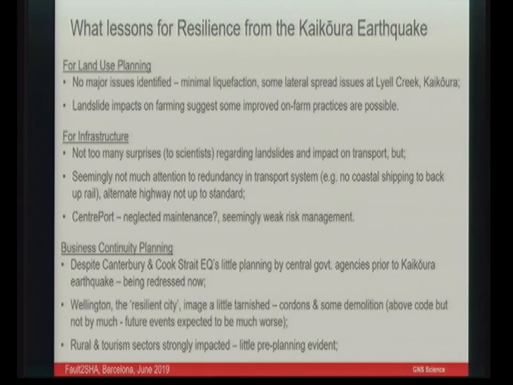In the port city of Wellington, in the port, there was evidence of a lot of neglected maintenance, and in fact some pieces of our critical infrastructure had not been maintained to the level of critical infrastructure. So there are a few heads that should roll there. We've got some evidence of pretty weak risk management practices in some of the infrastructure communities. And then business continuity planning is always a constant issue, to keep people on the go.